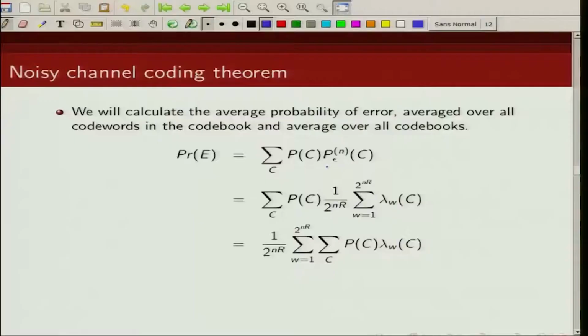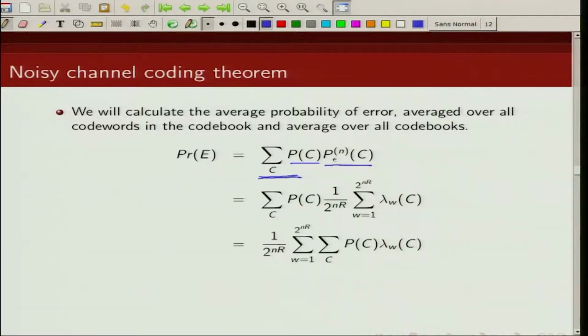So let us try to calculate the average probability of error, and we are calculating this average over all possible code words and averaged over all possible code books. So this is the probability of error for a particular code book, and this is the probability of this code C. We average it out over all possible code books.